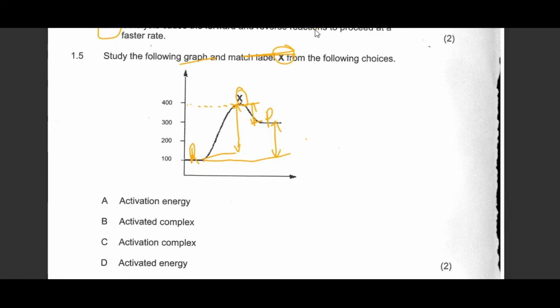Therefore, we call it an activated complex, not activation, because activation is a condition. The complex which is activated, ready to convert into a product. So if you look at this, B is going to be the most correct answer.